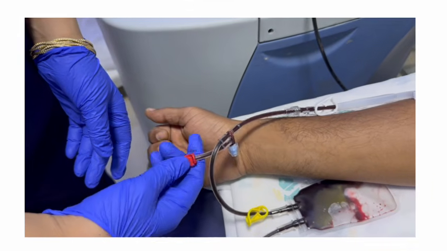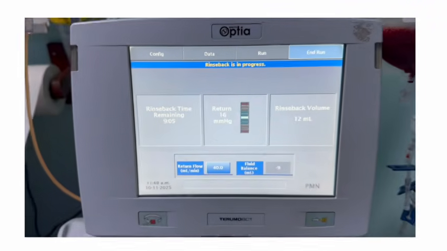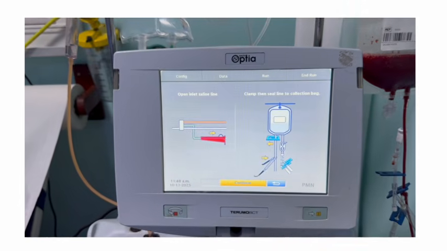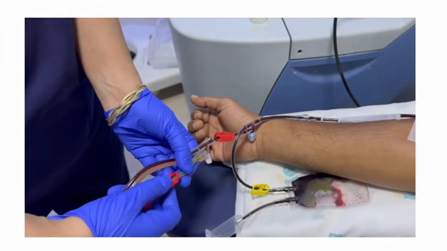On proceeding to rinse back, the clamp of the inlet line is clamped. Then the saline roller clamp on the inlet line is also opened.